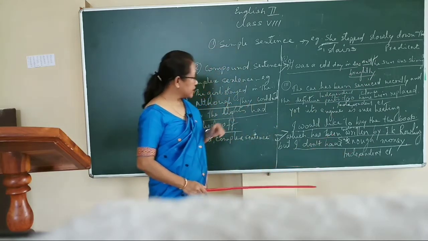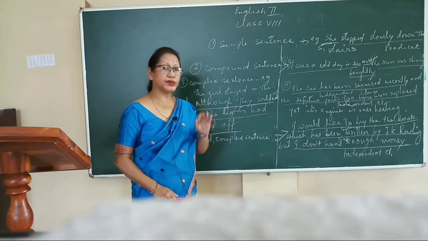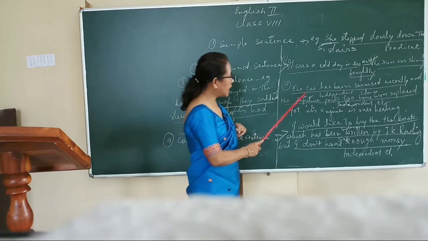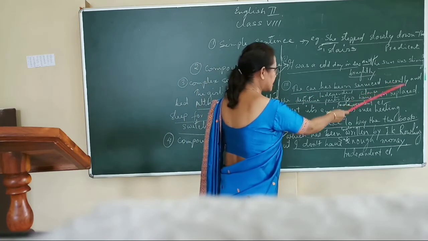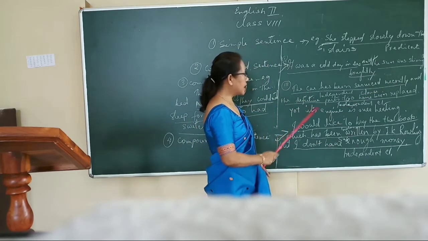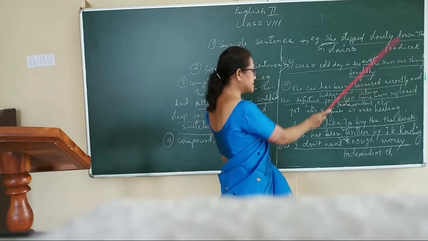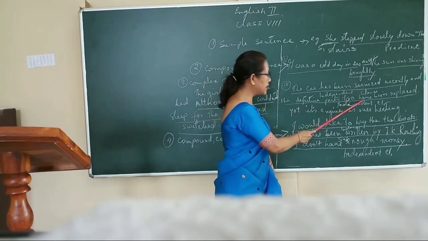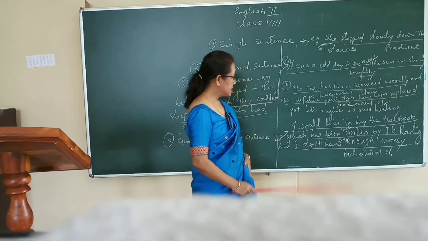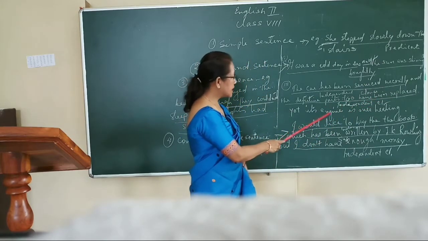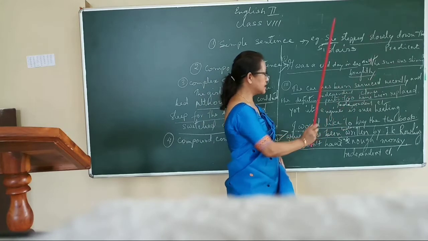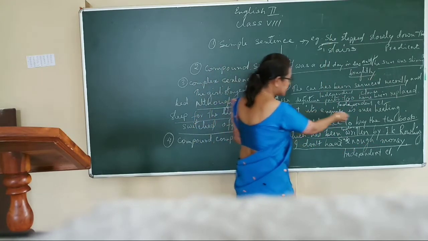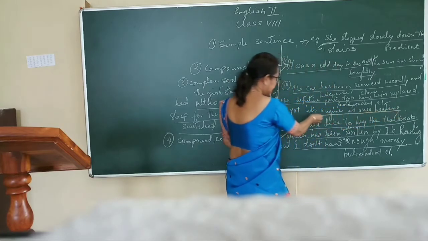Let's take one more example where there are 3 independent clauses. The car has been serviced recently and the defective parts too have been replaced. Yet, its engine is overheating.